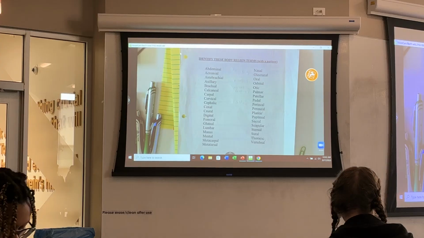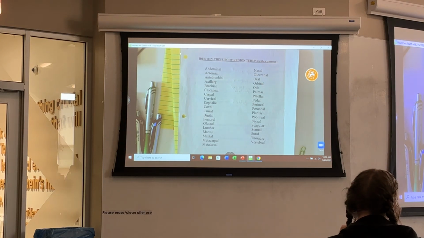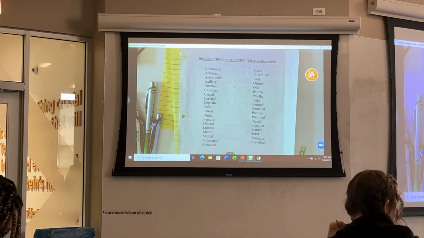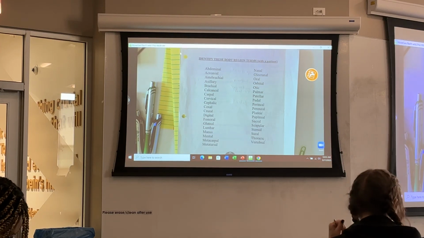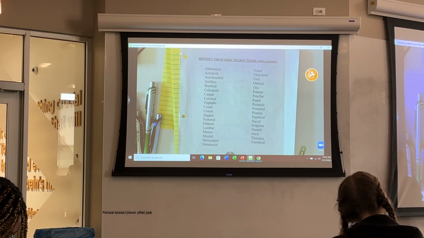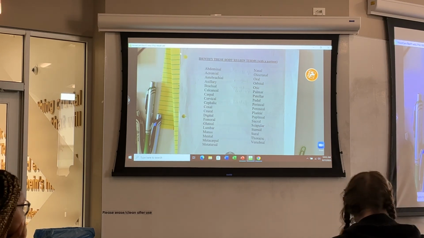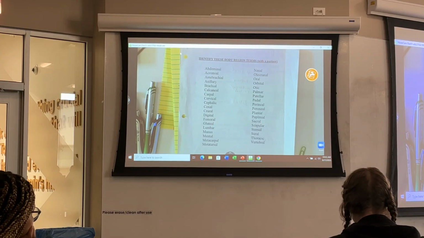So everyone touch your fibular region or your crural region. It's on the lateral aspect of the lower limb. So crural versus perineal. Perineal is the perineum, the space between your genitalia and your anus. Perineal region. Any other clarifications?